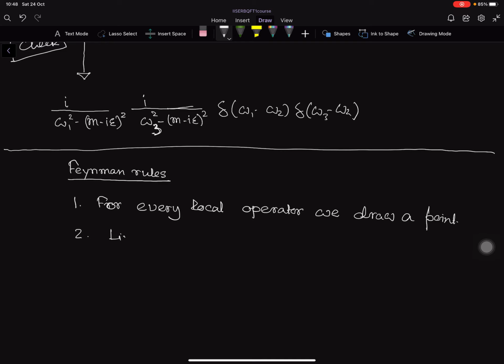Similarly, lines come out of every point.